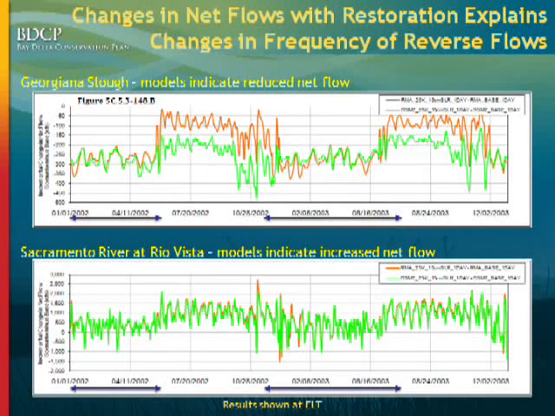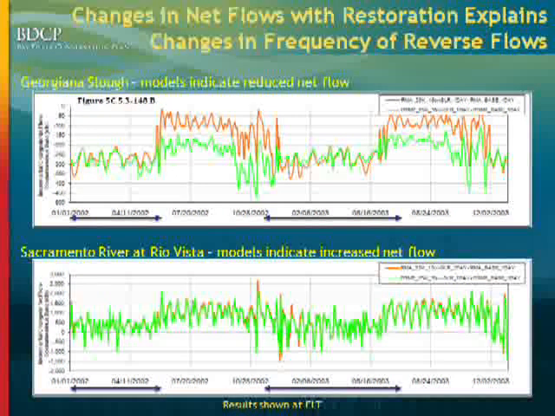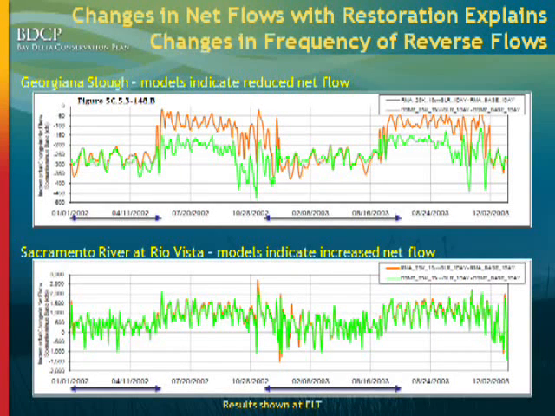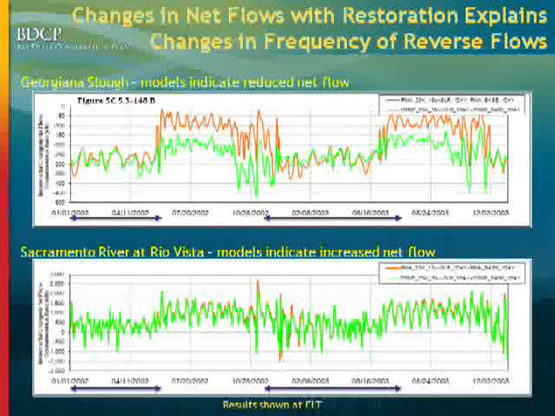And what's significant about this area is this is where the delta cross channel comes in, and then right below it is where Georgiana Slough is, and it is a very difficult junction to model. But it's really important for how the circulation goes in this area.